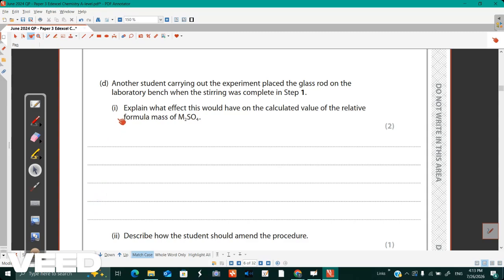Another student carrying out an experiment placed the glass rod on the laboratory bench, right? When stirring was complete in step 1.